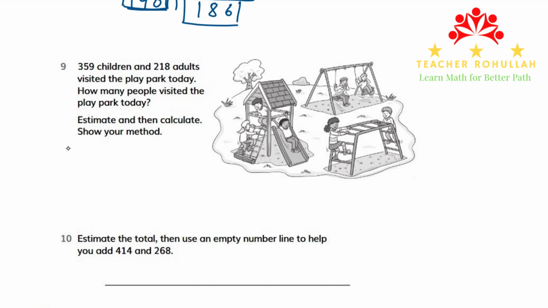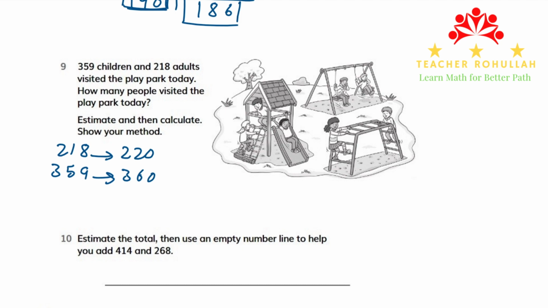So again, to estimate, I will use rounding and I will round to the nearest 10. 218, if we round to the nearest 10, we will get 220 because 218 is very close to 220. And 359, if we round to the nearest 10, we will get 360 because it rounds up.